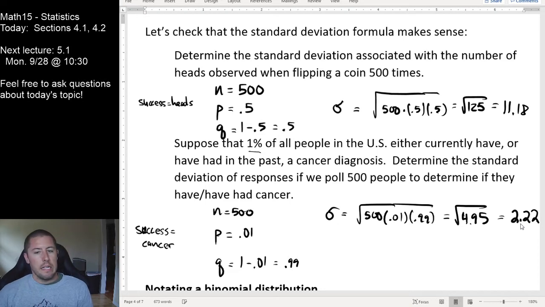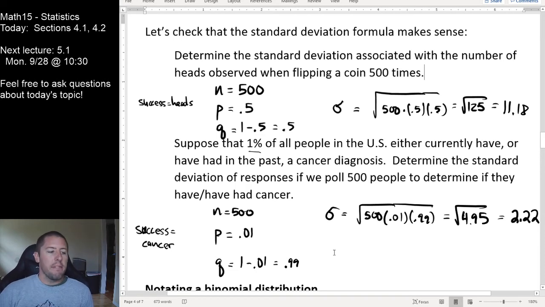The reason why this makes sense to me is because if all of us go do this poll, if every one of my 70 stats students asked 500 people, hey, do you currently or have you in the past had cancer? Then if only 1% of people should be expected to respond yes, out of the 500 people you poll, you should only expect to get about 5 yeses and 495 no's.